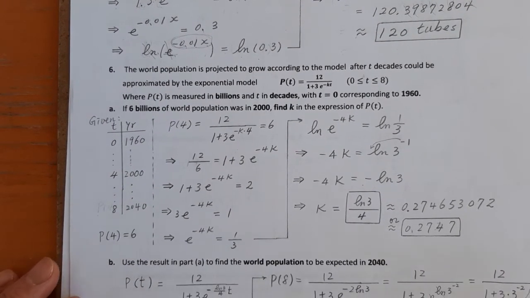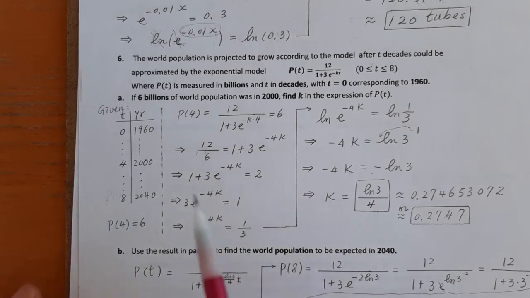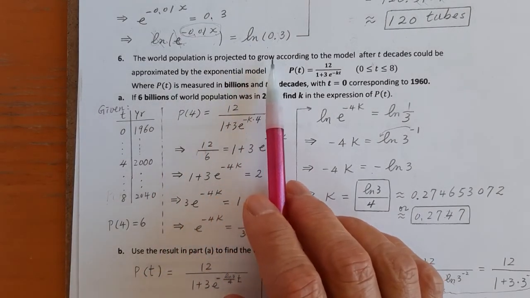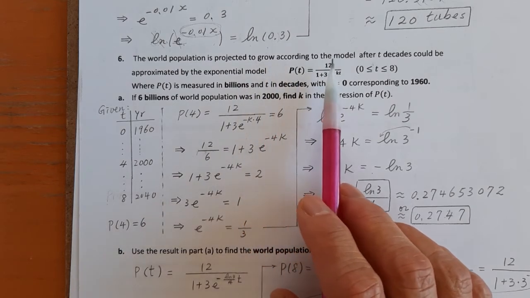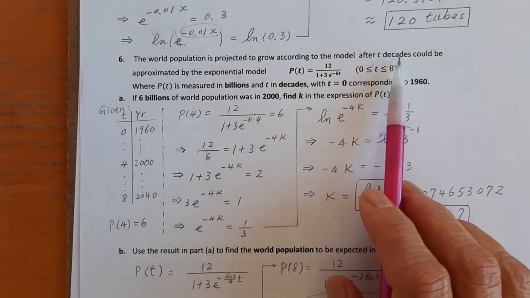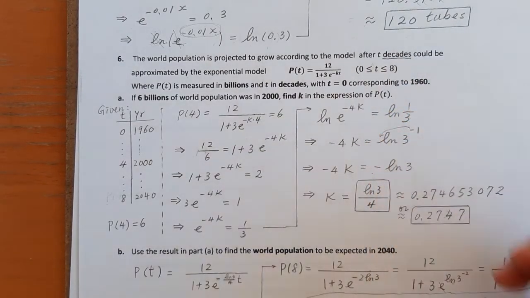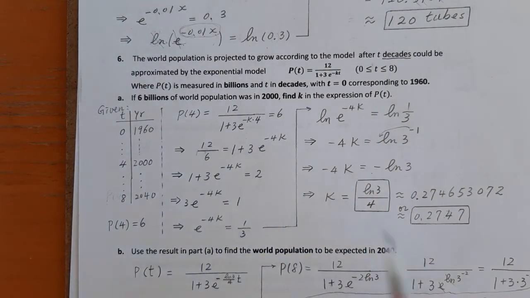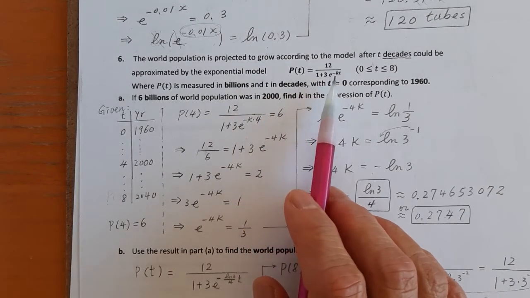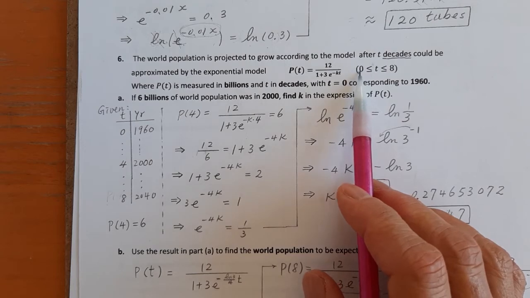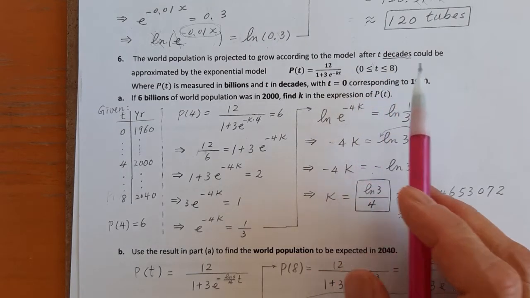Question 6. The world population is projected to grow according to the model after t decades. One decade is 10 years. It could be approximated by this exponential model, and t goes from 0 decades to 8 decades.